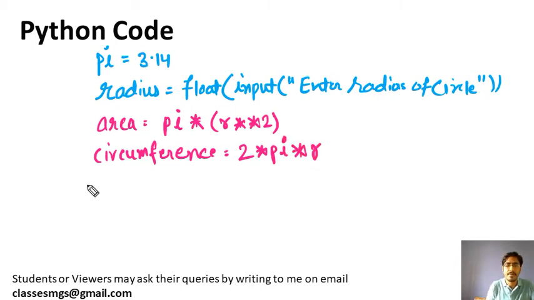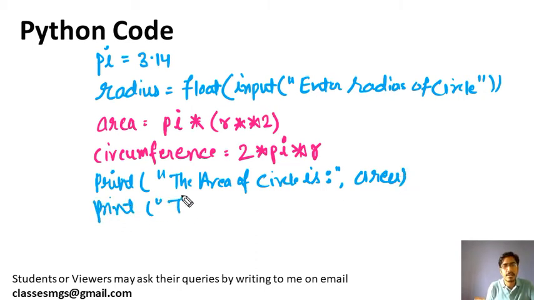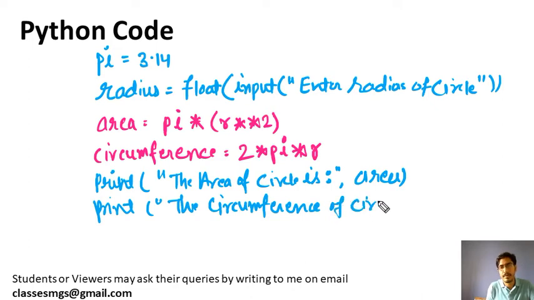At the end we will print the area of circle is, we will print like this area, and then the circumference of circle is, we will print circumference.